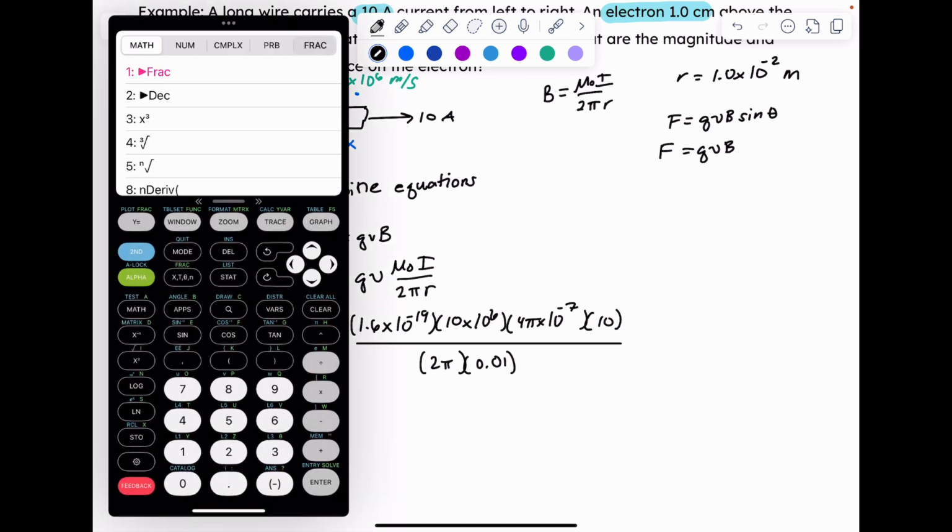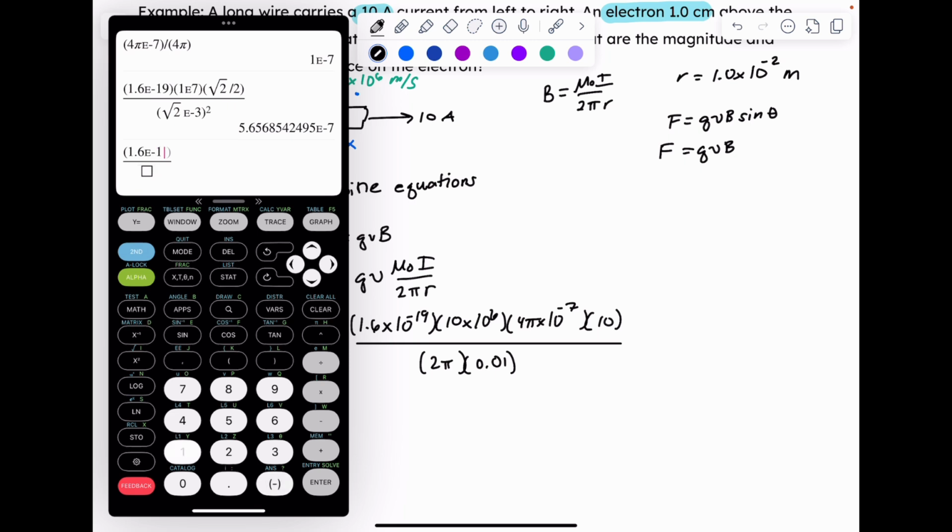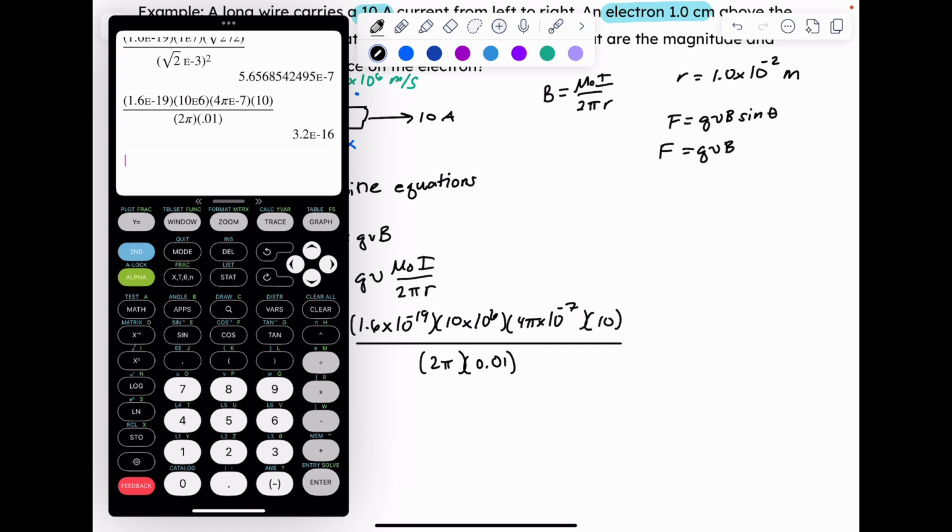Let's make a nice little fraction there. The answer is 3.2 times 10 to the negative 16 newtons.